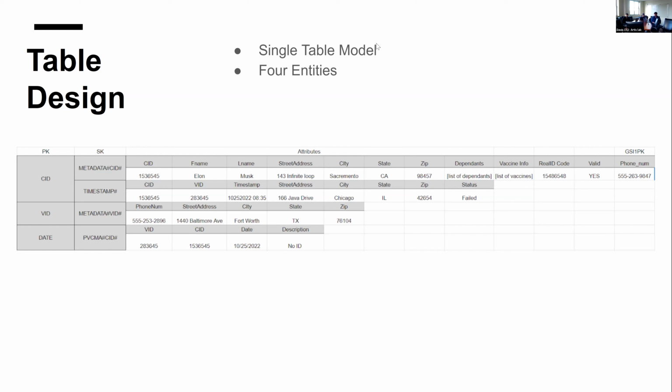In this case, our persons are identified by CID along with the metadata to get that person's information. If you do a query request CID and then timestamp, that is all the requests of that given person. Along with that, we have VID, which just gets the information from the verifier, such as location and phone number. And then finally, we have our misuse alerts.